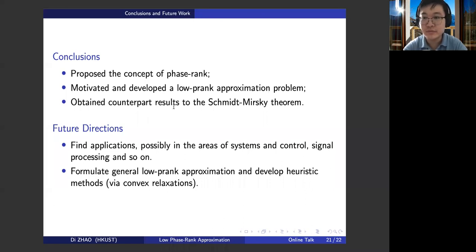So we have to take relaxations, like convex relaxations, and develop heuristic methods like the nuclear norm heuristic and the log determinant heuristic. So maybe we can also develop heuristic methods for low phase rank approximation. This is promising because there are many existing ways that we can mimic and learn from.